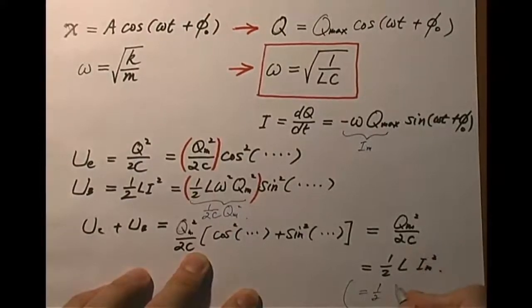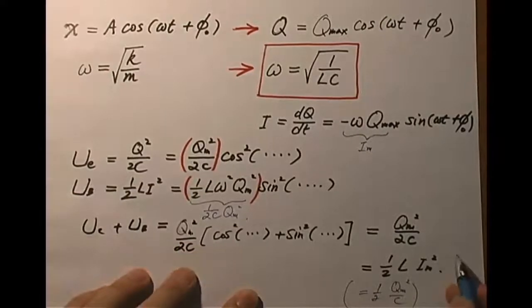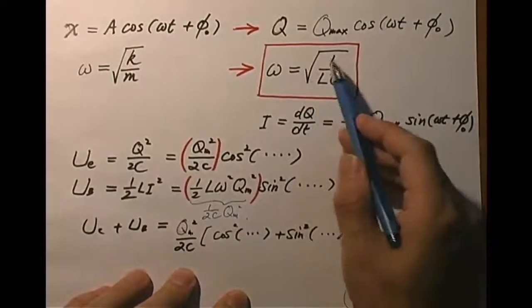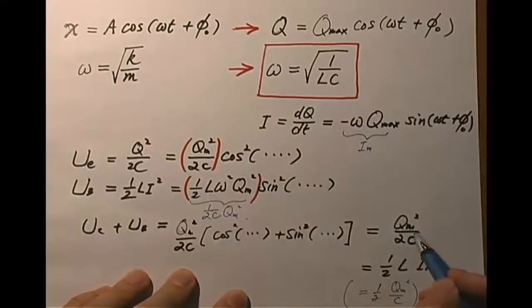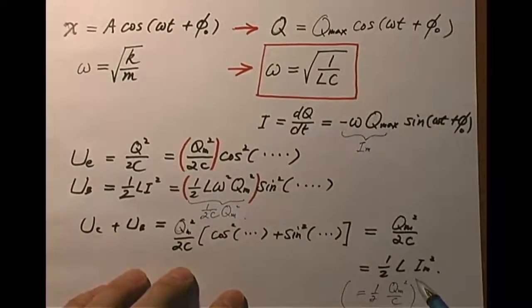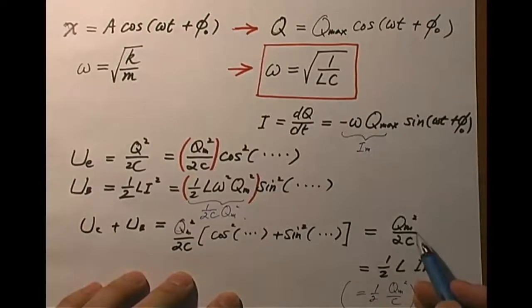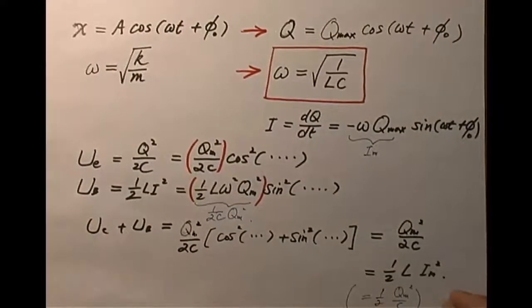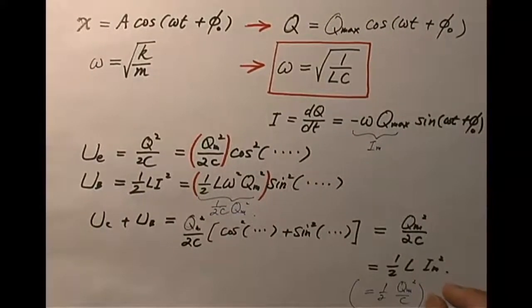Isn't that equal to 1/2 Q maximum squared over C? All you have to do is use omega equals 1 over square root of LC, so you can easily go between this and that. It makes total sense because it is saying that the maximum energy carried by the capacitor equals the maximum energy carried by the inductor, and they're both equal to the total energy of the system. So that is how we study the energy conservation of an LC oscillation.